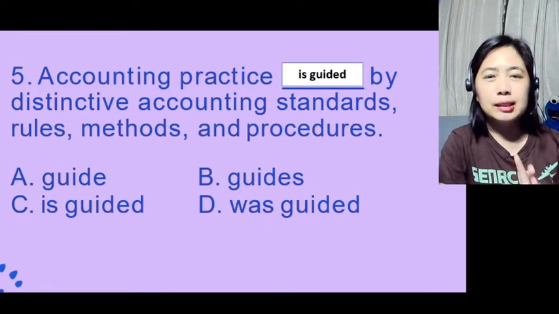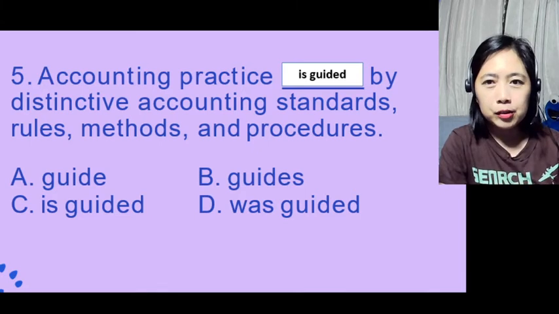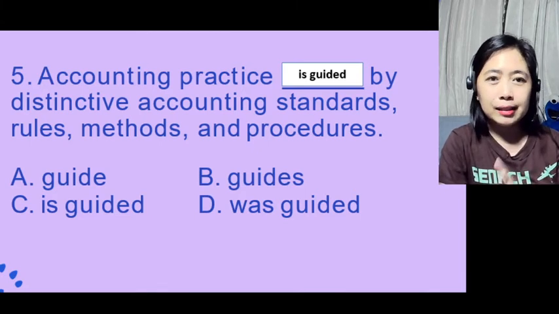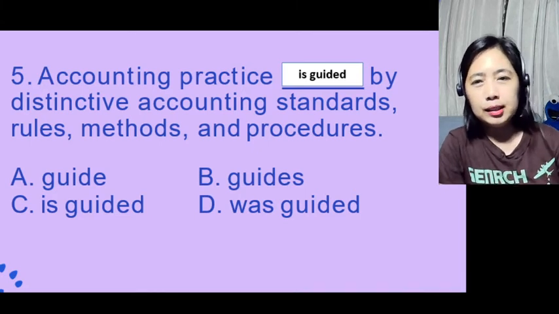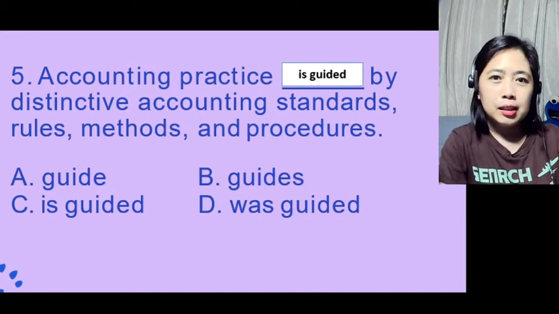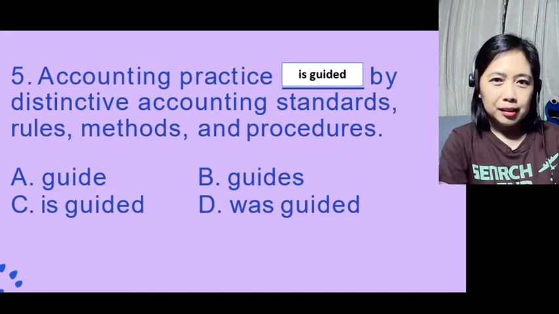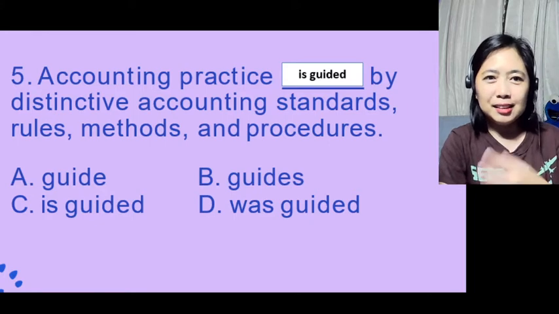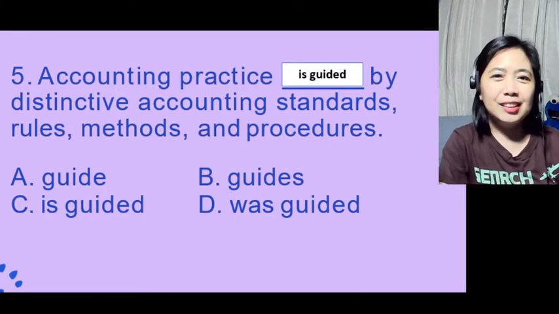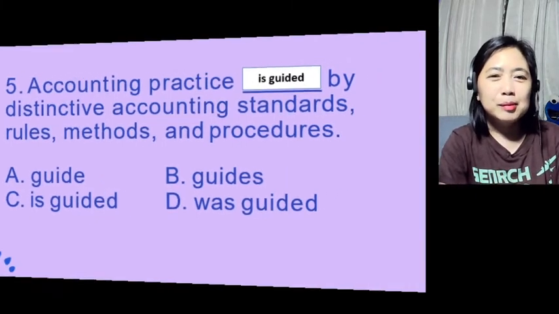That's why it's still in the present form. We just use the passive "is guided" because the subject here, practice, is not the doer of the action. So that's the explanation.